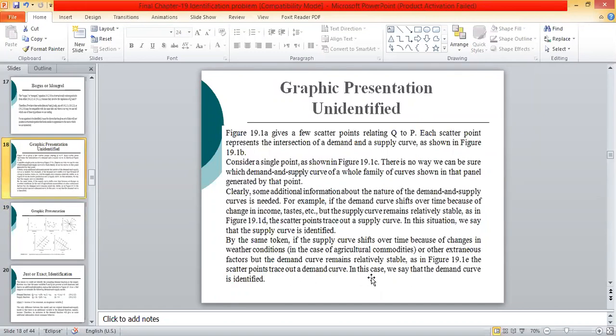In this case, we say that the demand curve is identified.